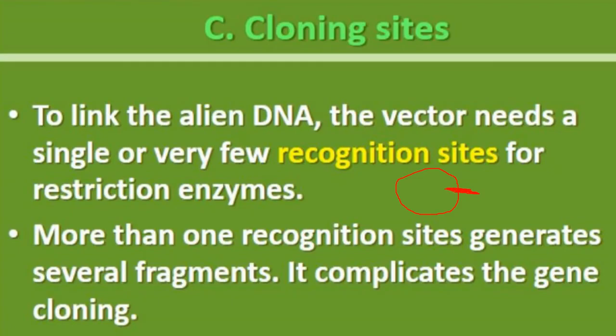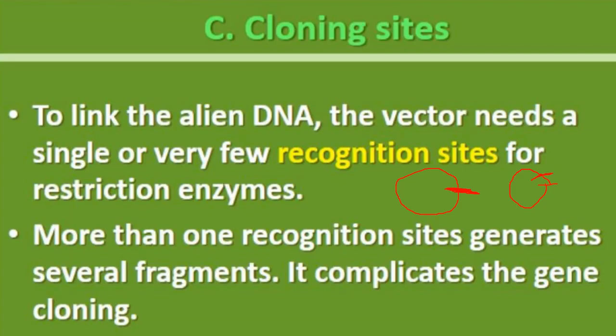EcoR1 is a restriction enzyme which will cut this vector here, this is the recognition site for it. Then when EcoR1 cuts this vector DNA, it will produce a DNA fragment like this, and here we can introduce our foreign piece of DNA from here to here, right?